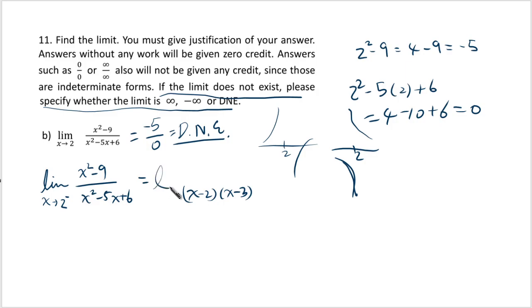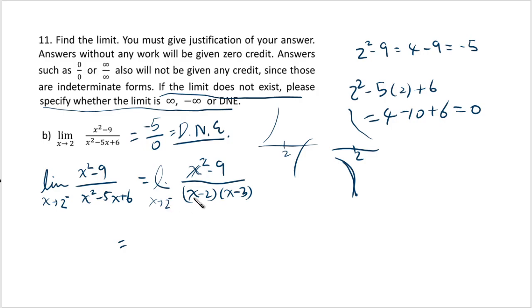And the reason I'm factoring is because it's easier to evaluate this in a factored form. You can do the same thing for the top, but the top goes close to negative 5, so I'll just leave it. I know this is going to be negative 5. The top becomes negative 5. I really need to be careful about the bottom. That's why I factored it. Okay. All right. So once you see how I plug in numbers, you're going to see why I factored it.